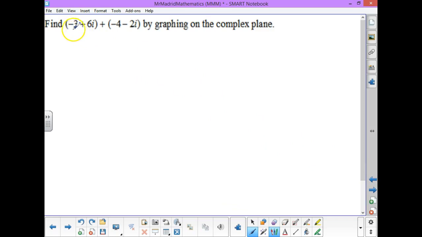This one says find by graphing on the complex plane. So when you get to this problem, here's what I'm going to encourage you to do. Since you've already proven on the previous problem that you can do the math on these complex numbers very easily, go ahead and perform that math. Okay. So this is not a subtraction, it's a sum, right? So let's go ahead and combine like terms.